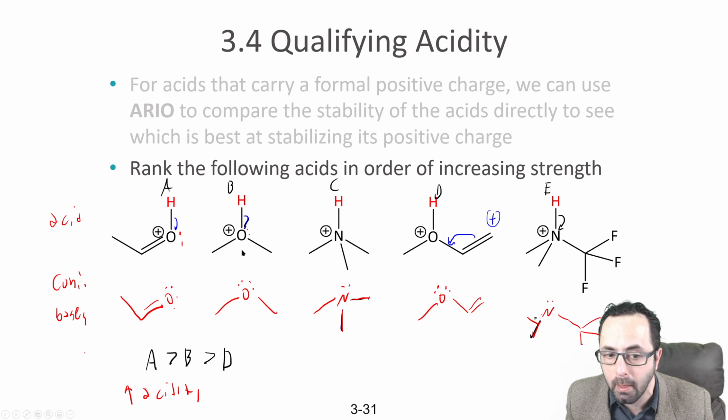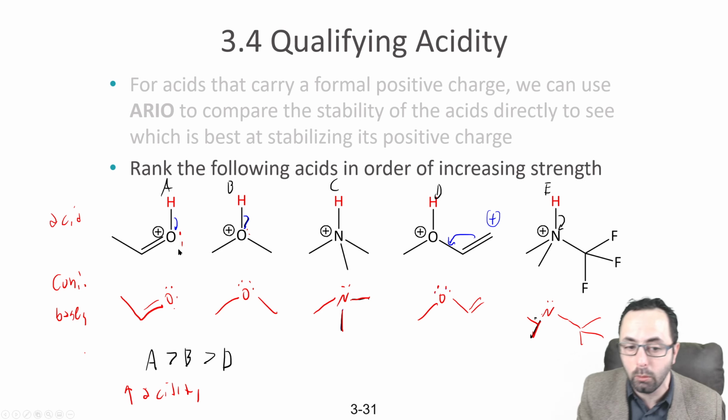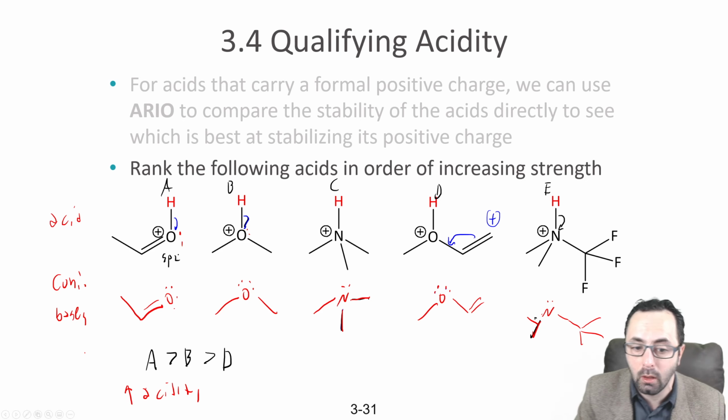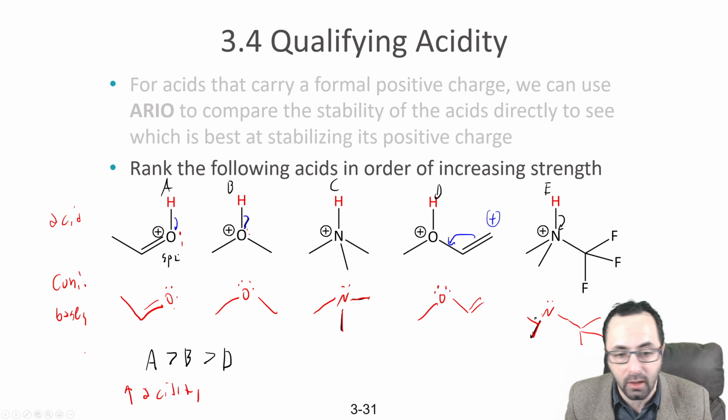Okay. All right. And let's think about it this way too. So here what we have is an orbital situation, right? The positive formal charge is on this oxygen, which has 3 bonds and one lone pair. It's sp2 hybridized.